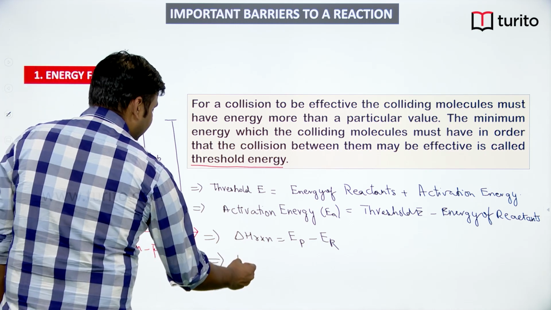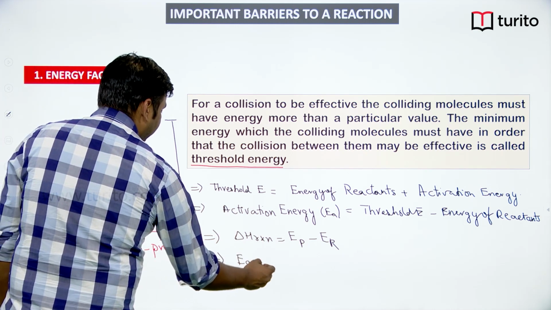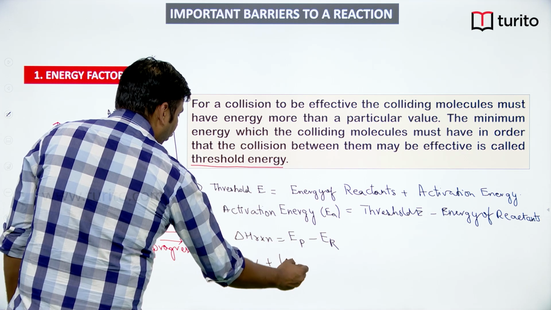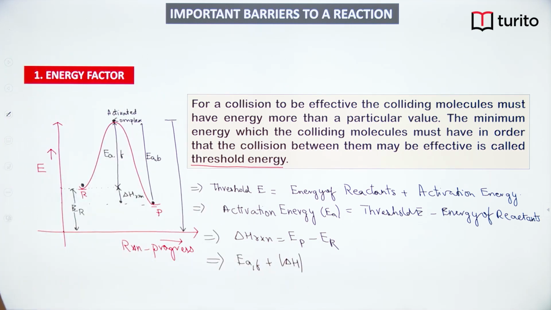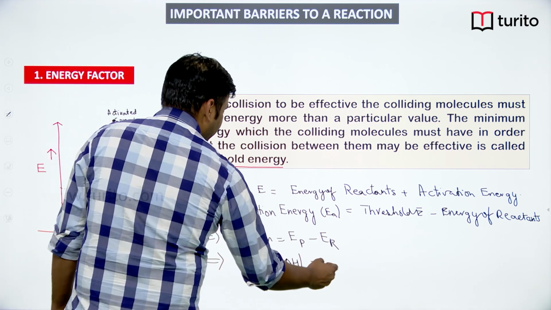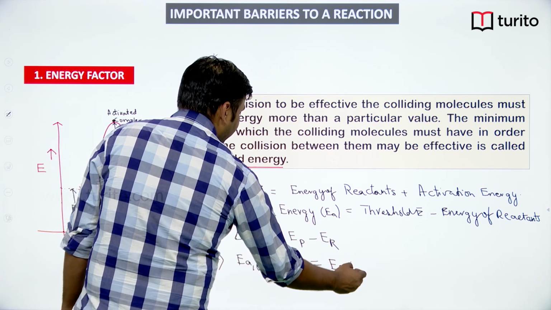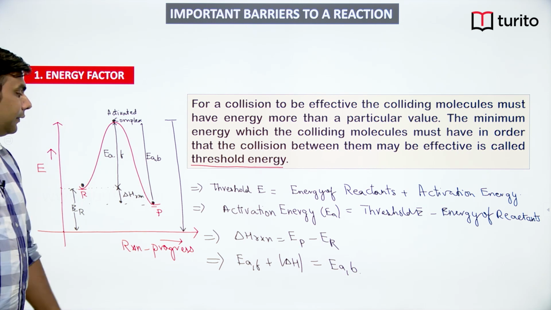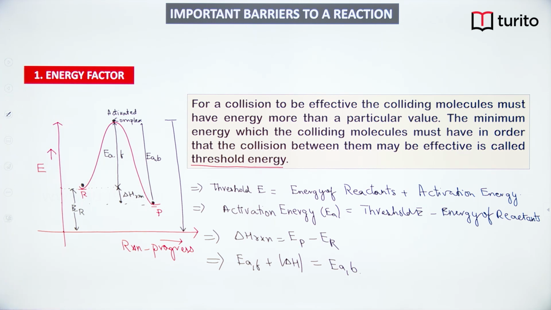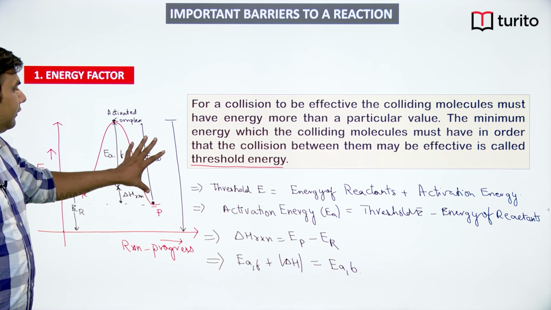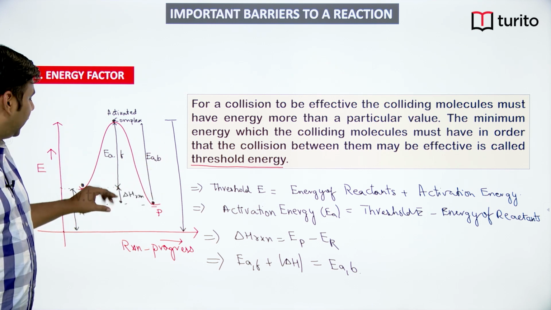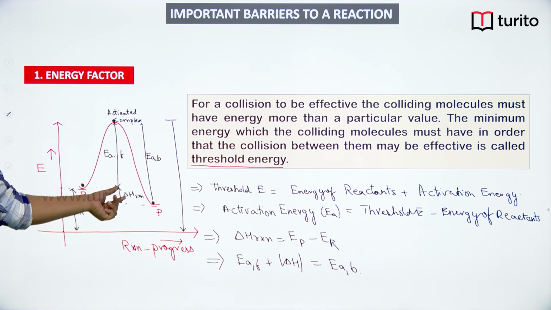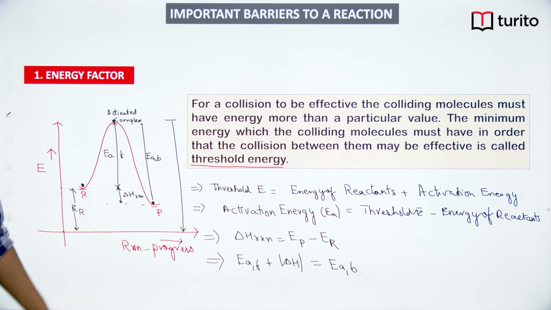Or also we can say that activation energy of forward reaction plus mod of delta H should be equal to activation energy of backward reaction. So from this we can find the magnitude of enthalpy of the reaction. But if we know that activation energy of backward reaction is more, that means this delta H will always be negative. Okay.